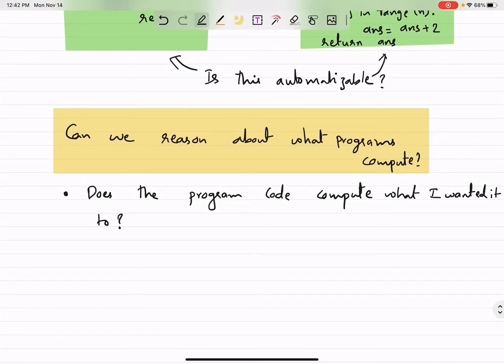Imagine you are writing a program for multiplication, and you're going to put this on some chip, on some computer, which is then being sent to Mars, right? If your multiplication algorithm implementation is wrong, it will be a total disaster. You want to be absolutely certain that this is correct. How can you do that short of basically enumerating all possible inputs and checking if you're computing the right answer?